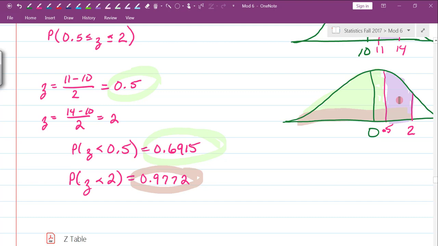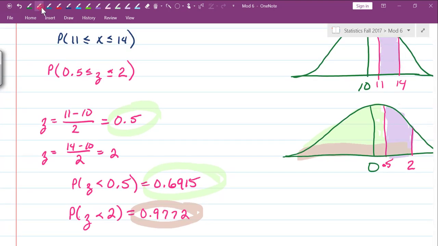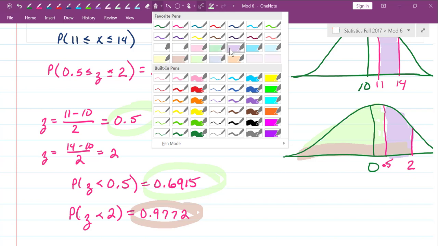So let's come up here and say that the probability that 0.5 is less than z, which is less than 2, is equal to 0.9772 subtract 0.6915. Punching them in my calculator, 0.9772 minus 0.6915 is equal to 0.2857. And that is in the ever so wonderful purple color right there.